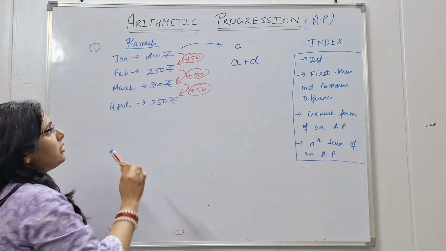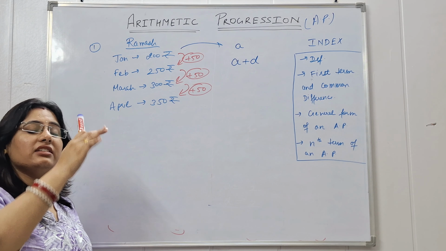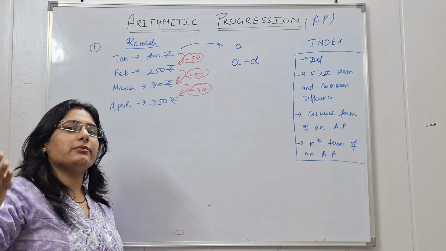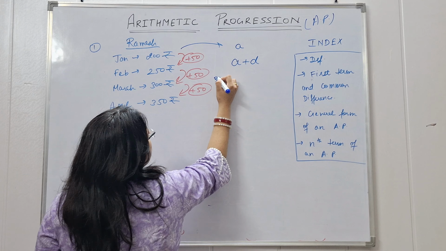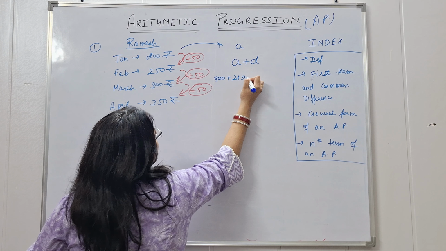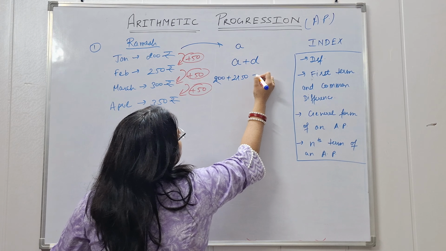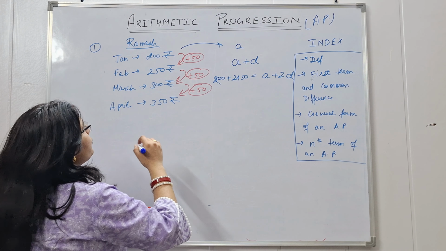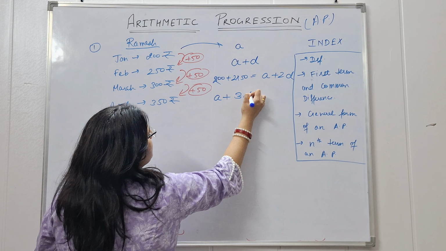Now in the third term we added D again to the second term, or I can say we added D 2 times to the first term, that is 300 can be written as 200 plus 2 into 50, so it can be written as A plus 2D. Now the fourth term will be A plus 3D.